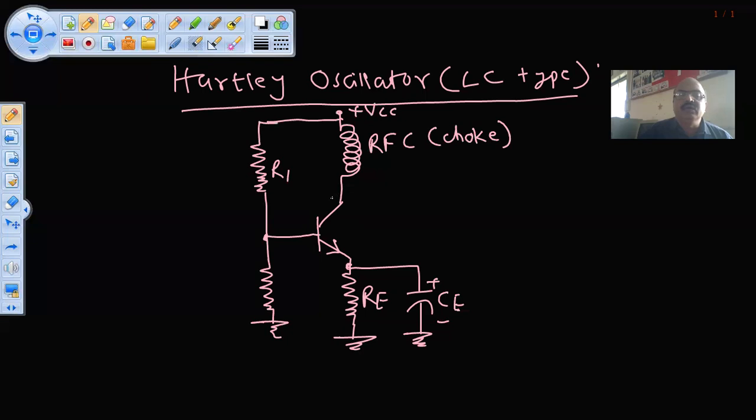Now, this is the input and this is the output. In between the input and the output, we have a feedback network.